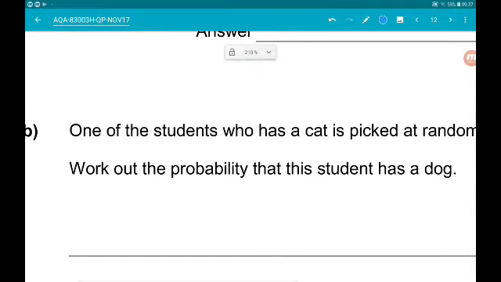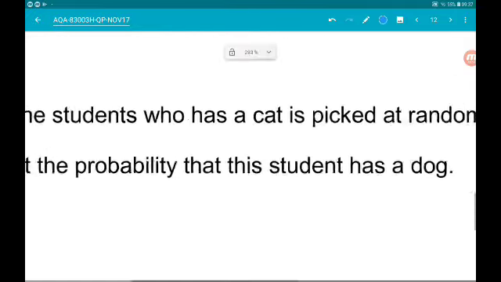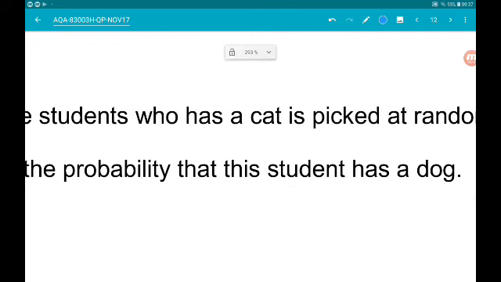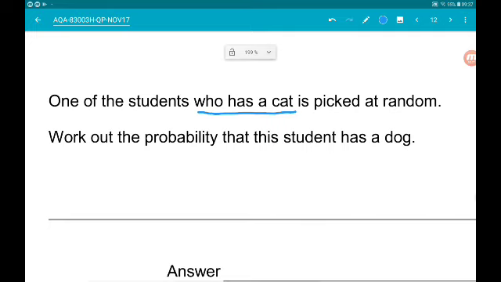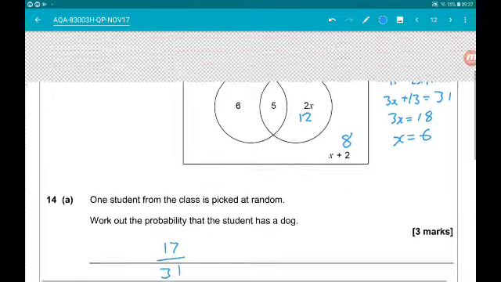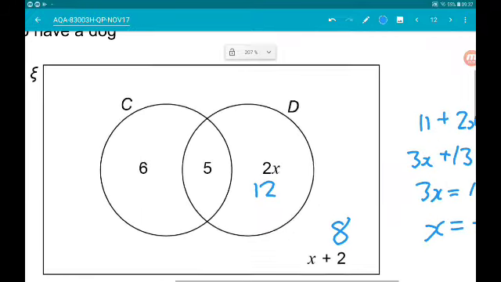Part B says one of the students who has a cat is picked at random. Work out the probability that this student has a dog. So now our set is just the people who have a cat.